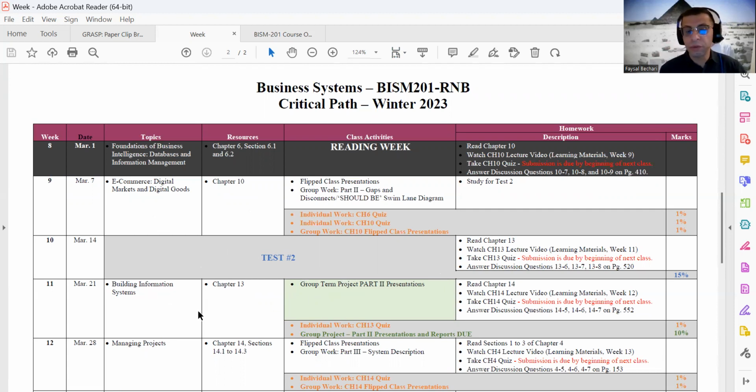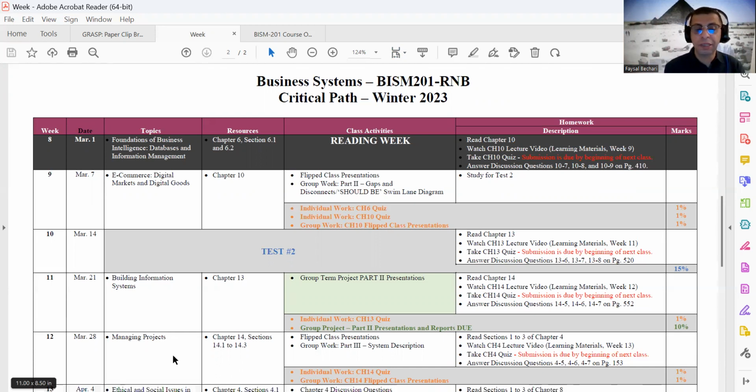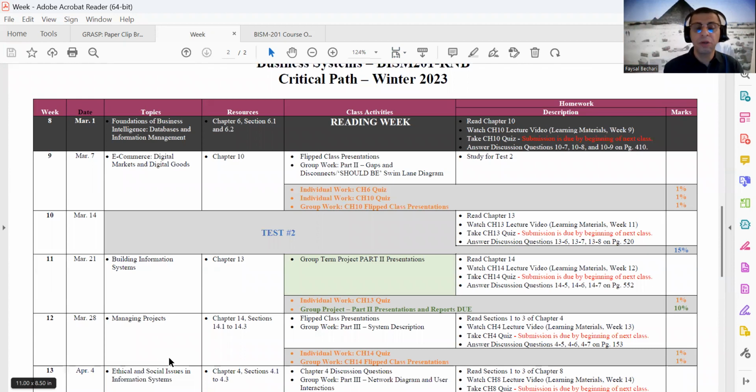On March 21st, Chapter 13, where we talk about building information systems. We'll bring in some systems and look at the details of how we can build a fully integrated information system. On March 28th, we will cover managing projects and how it's done these days as an IT project, and we look at the pitfalls and the success factors of any project.